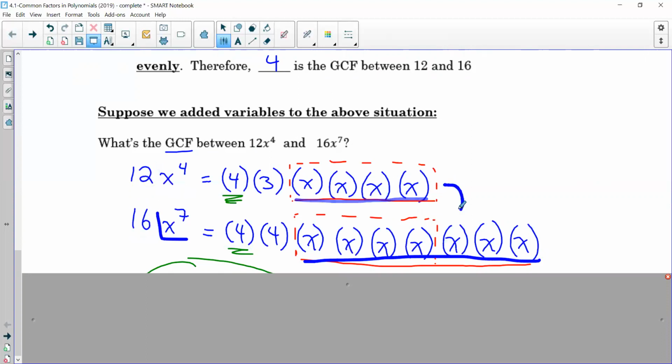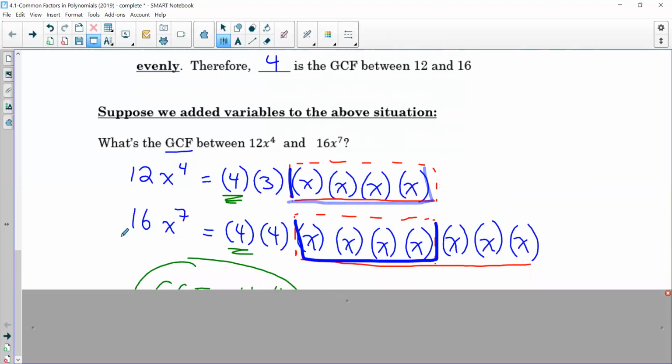And again, between these two, how many x's do they have in common as factors? Well, there's 4 here multiplied together, and there's also a grouping of 4 here. So the greatest common factor for 16x to the power of 7 and 12x to the power of 4 is the coefficient, the number 4, which is common, and 4 of these x's.